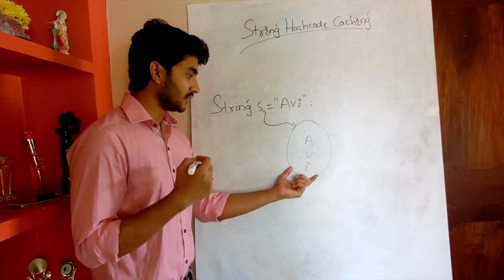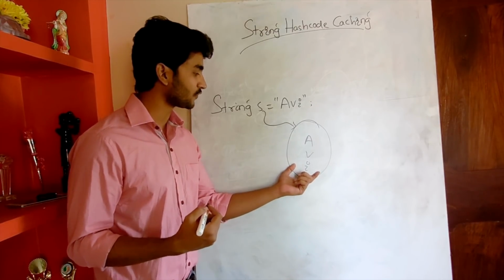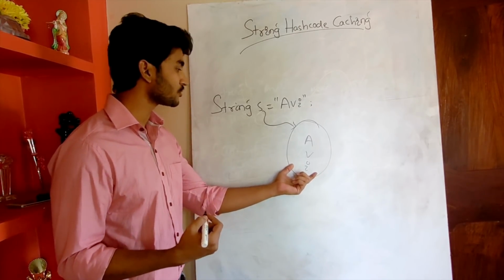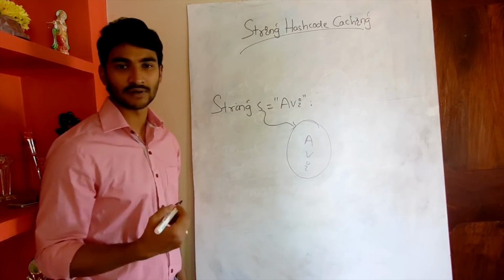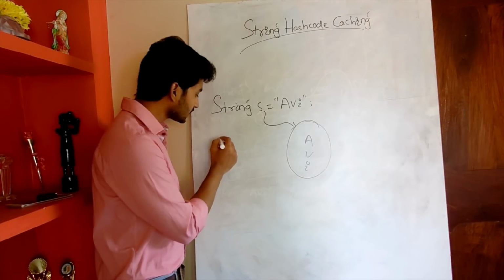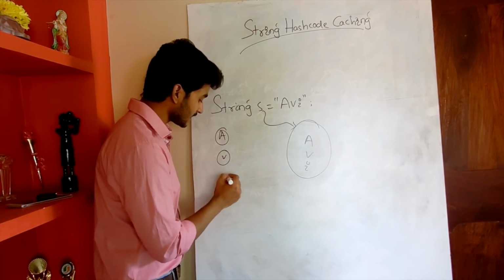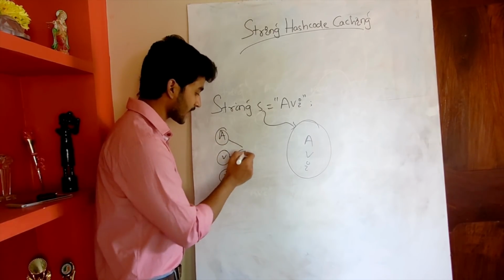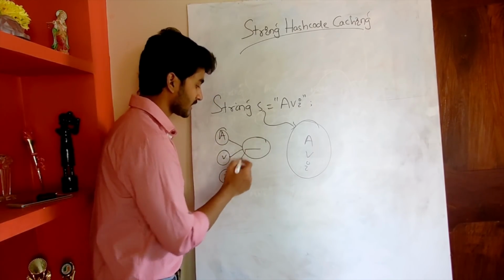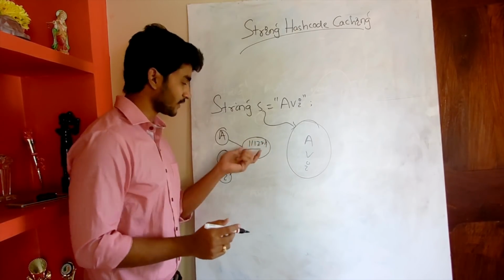Whenever I ask to calculate the hash code for this particular object, what is going to happen here? The JVM is going to use all these characters to calculate the hash code. Internally, the JVM is going to take a, b, and c, loop over all these characters, and calculate the final hash code, let's say 12211, for example.